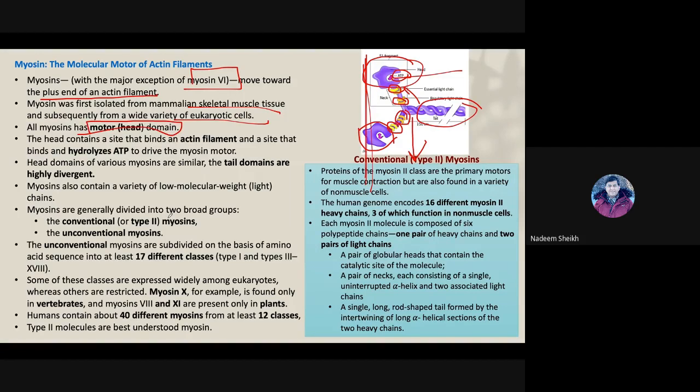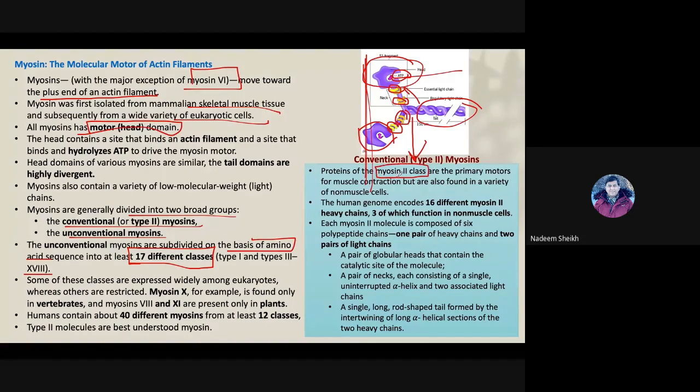If we categorize the myosins, we can group them into two types: conventional and unconventional myosins. Unconventional myosins are further subdivided into different types based on amino acid composition. There are at least 17 different classes of unconventional myosin, type 1 and type 3 up to 18. Type 2 is not included here because type 2 performs a different function: it is involved in muscle contraction.